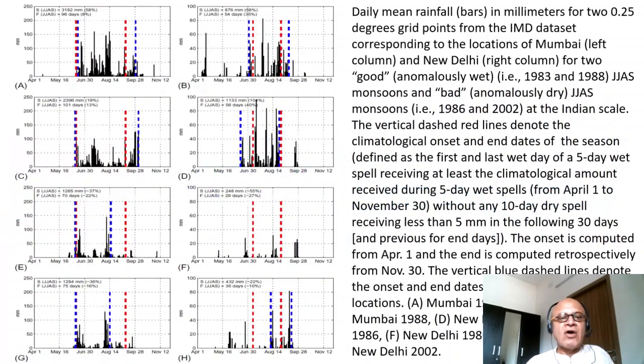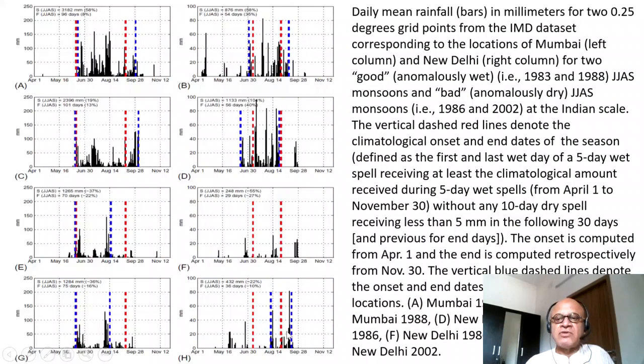So to understand how we can use time variability at a particular location versus spatial coherence to seek predictable signals, which you can also think of as a signal to noise ratio being higher, we look at this example here. It is basically daily mean rainfall in millimeter for 2.25 degree grid points from the IMD dataset for Mumbai and for New Delhi.